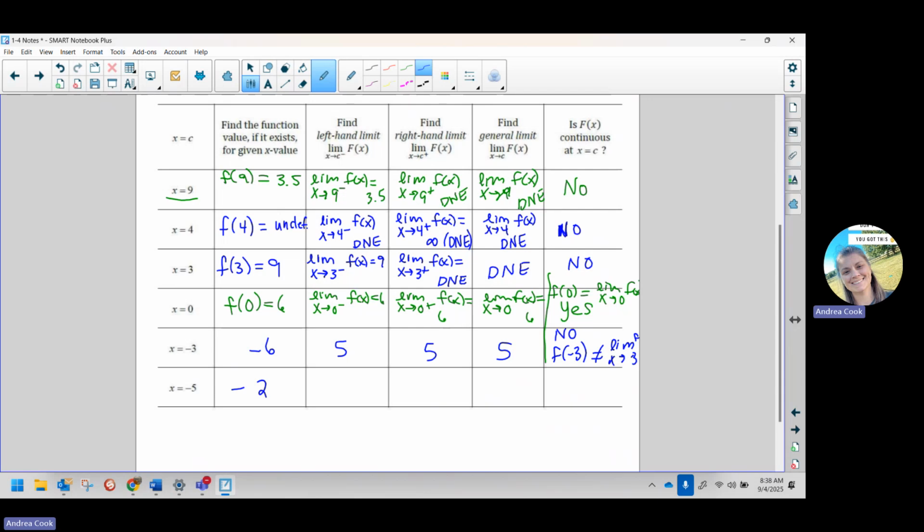If you answer no, I need to know out of those 3 bullet points why it is not continuous. And if there are multiple answers, like if the limit doesn't exist and the function's undefined, then you can answer either one of those. And if it's yes, your work should show that you verified all 3 things.